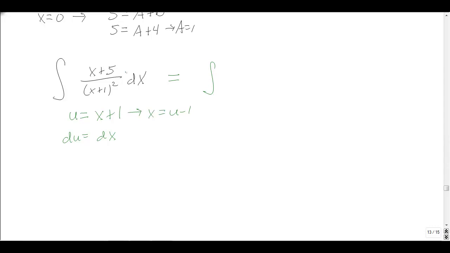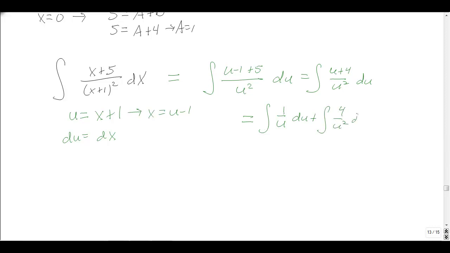I get an antiderivative of (x + 5), that's u minus 1 plus 5, over (x + 1) squared, which is u squared, and dx is du. So I get the antiderivative of (u + 4) over u squared du, and then u over u squared gives me the antiderivative of 1 over u du, plus the antiderivative of 4 over u squared du.